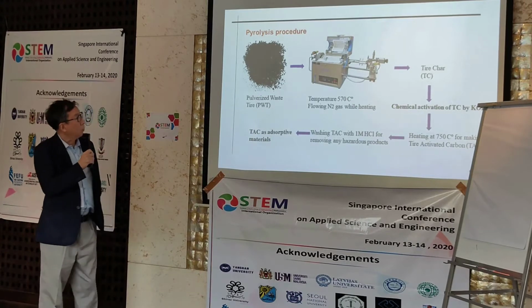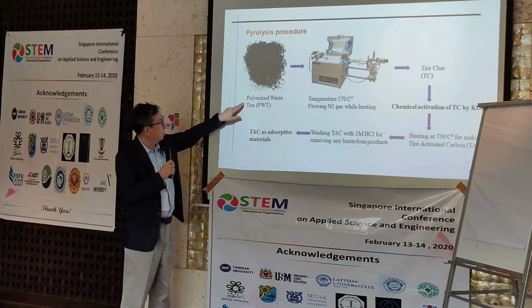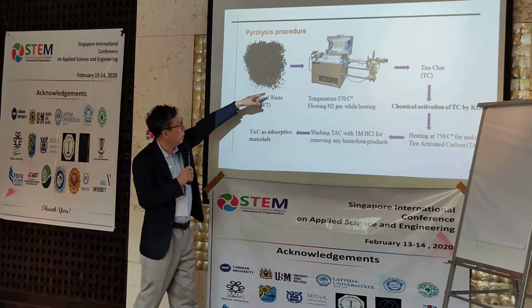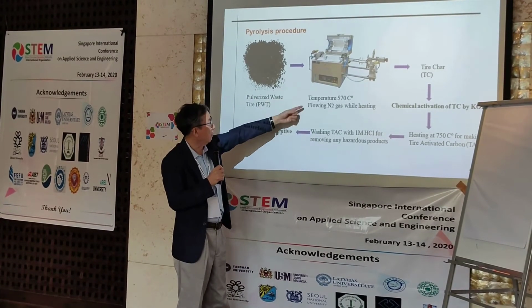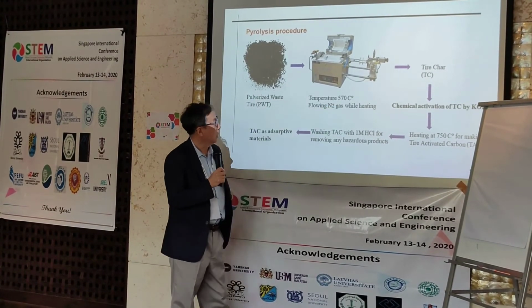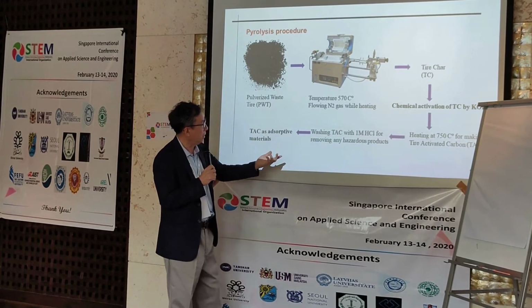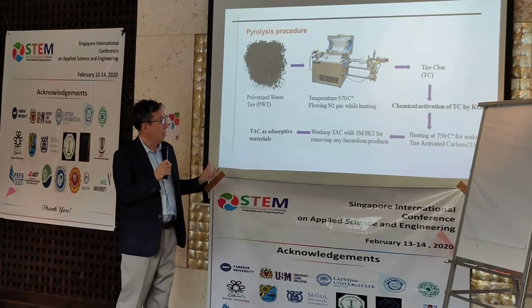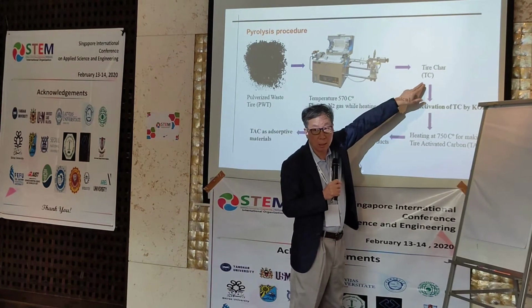The pyrolysis procedure for the waste tires. Firstly, I pulverize and shred the waste tires, and then put them into a small oven and increase the temperature up to 550 degrees Celsius, flowing nitrogen gas while heating. This is char processing, and then I get the tire char.